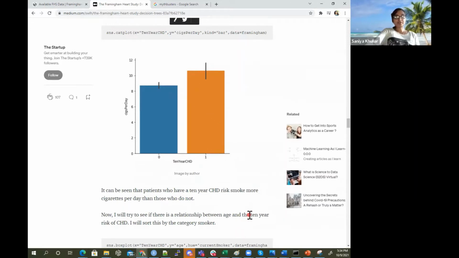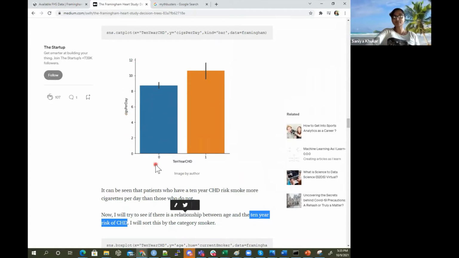Those who had a 10-year risk of coronary heart disease tended to smoke more cigarettes per day than those who did not. Do you see that? Those who don't have a risk tend to smoke less than those who did. So this is cigarettes per day, between 0 and 12.